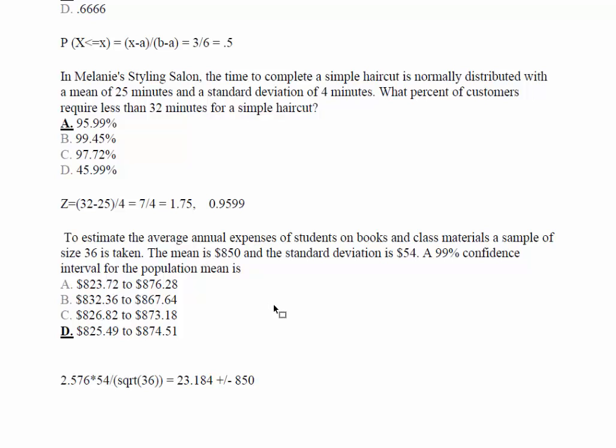You go back to the definition of the confidence interval, which is the z-score times the standard deviation over the square root of n. For a 99% confidence interval, z is 2.576 times 54 over the square root of 36.